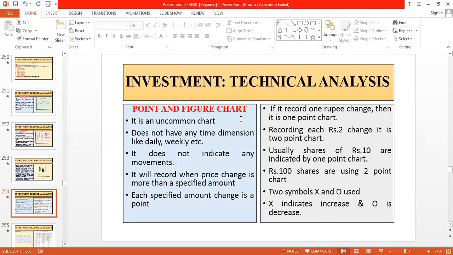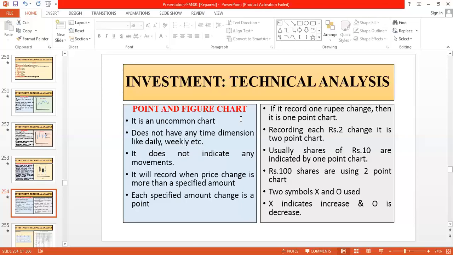So it does not indicate any movement. It will record when price change is more than a specified amount, and each specified amount change is a point.